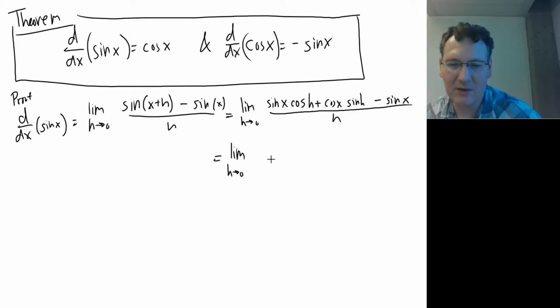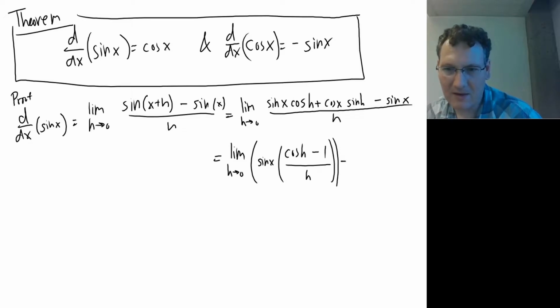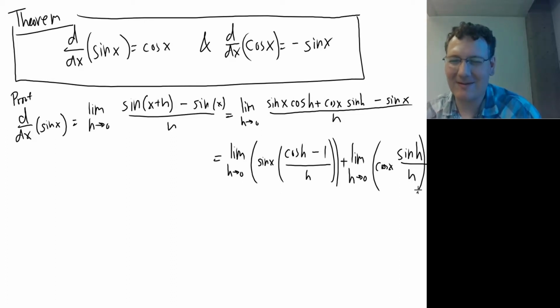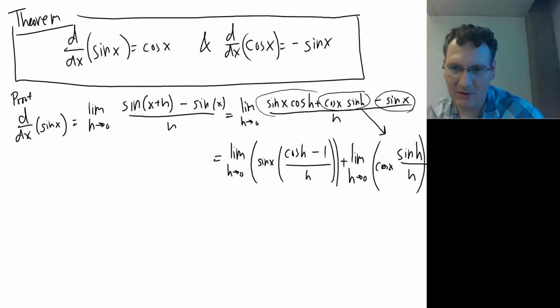The limit as h goes to 0: the first one has sine of x as a common factor, so we'll have the cosine of h minus 1 over h, and then plus the limit as h goes to 0 of the cosine of x times sine of h over h.